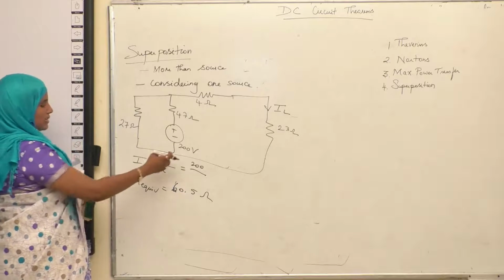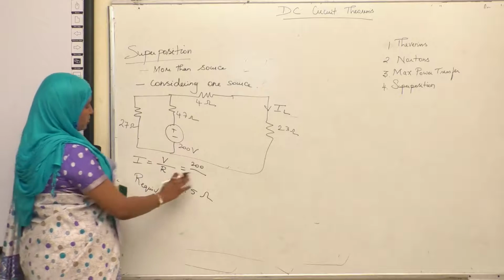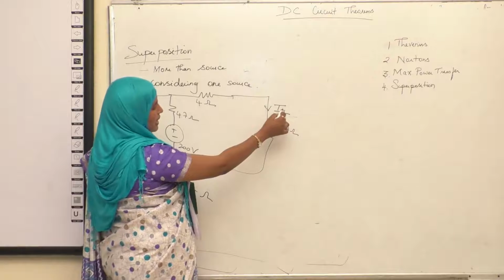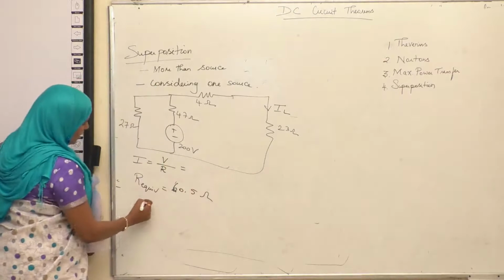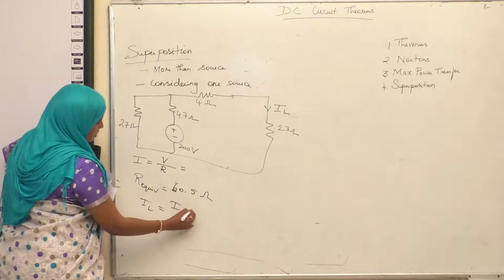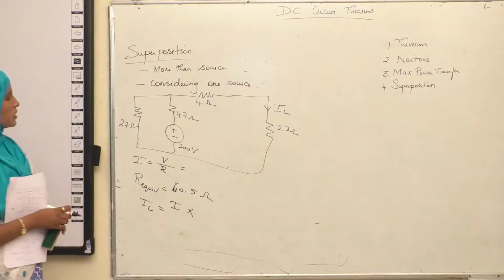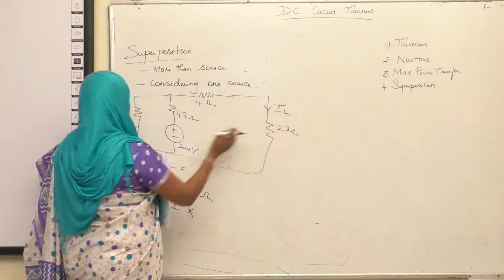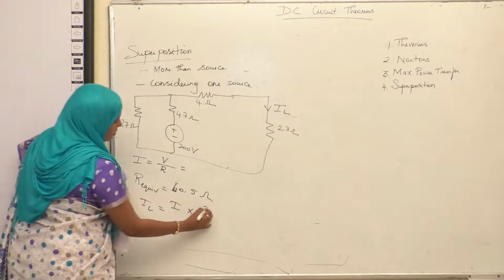So your total voltage is 200 volt, right? Fine. But what's your aim? You need to find the value of this IL. So the IL formula is the total current into the opposite resistance. For this, which is the opposite resistance? This one, 27.